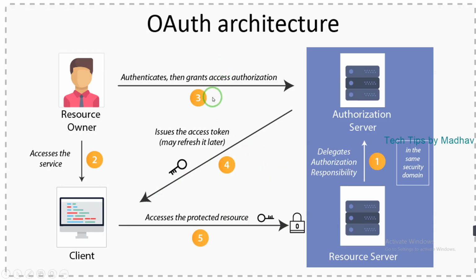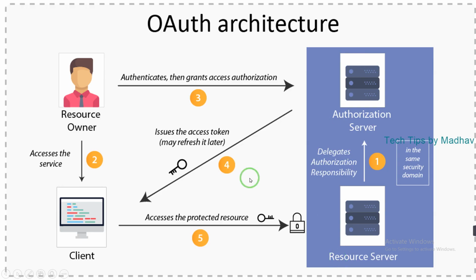When it comes to the implementation part, if you take this as two parts, the left part and the right part, the left part we can consider as the client part and the right side we can consider as the server part. So simply I can say the OAuth consumer is the left part, and the OAuth provider is the right part.